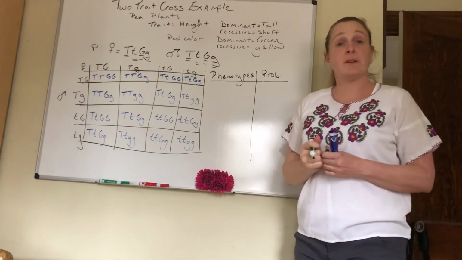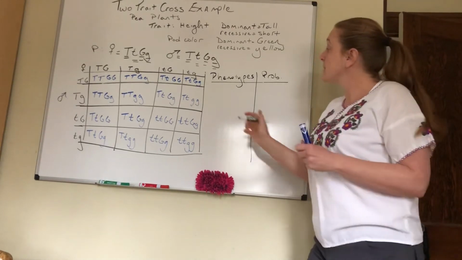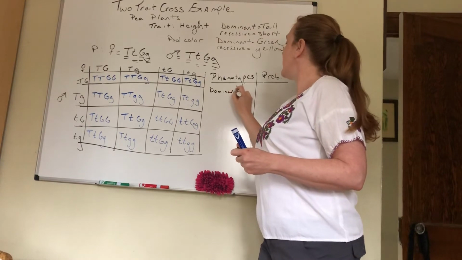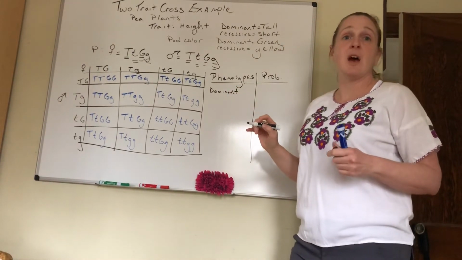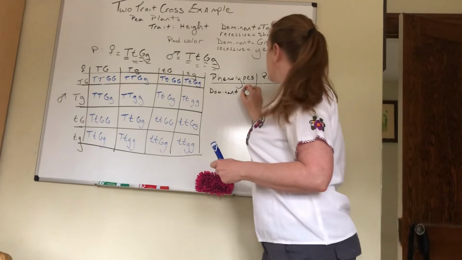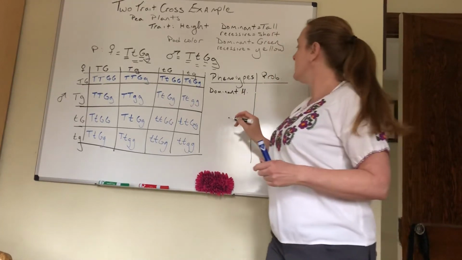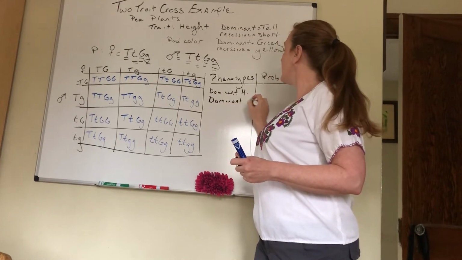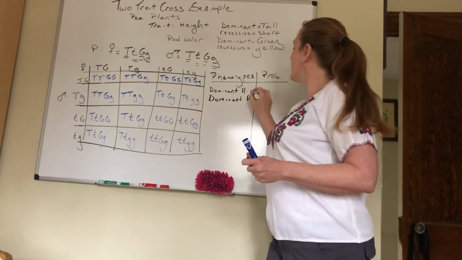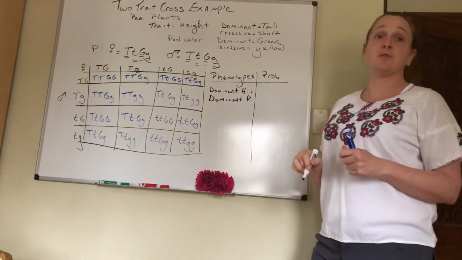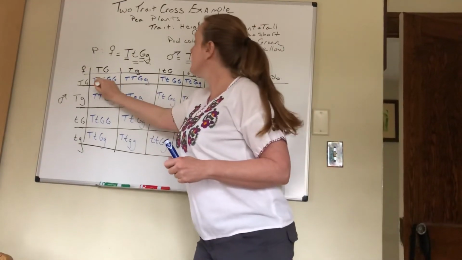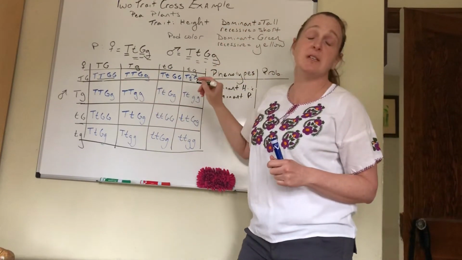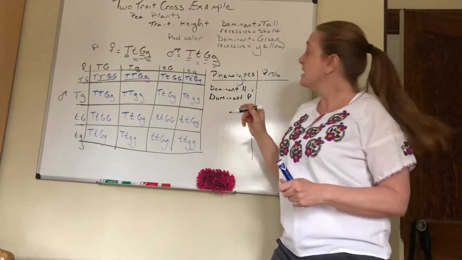So one phenotype combination I'm looking for is how frequently will my offspring, my diploid zygote, show me the dominant trait for height, which I'm going to abbreviate with H, and the dominant phenotype for pod color. So how frequently will I find both of those traits together? If I look at my Punnett square, I'm looking for capital letter T's and capital letter G's to show me dominant height and dominant pod color.